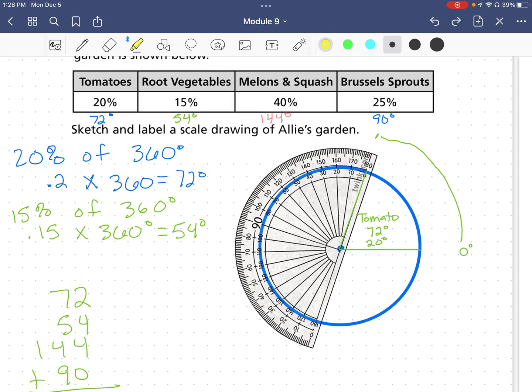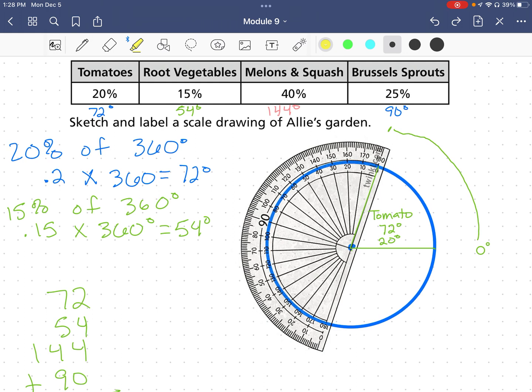All right, so my next section is 54 degrees. So let's get rid of this little line here. I need to find where my 54 degrees are. So I'm going to start at 0 and go to 50. I want just before that halfway marker because that would be 55. And we're going to draw a line from the center to 55, or I'm sorry, 54.